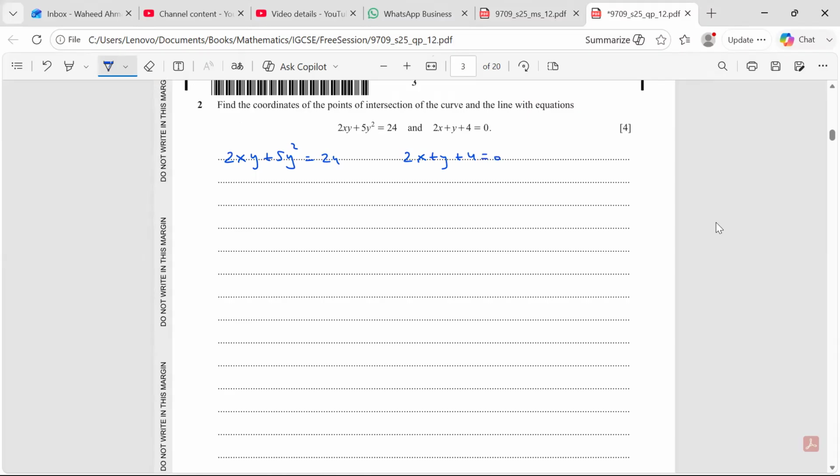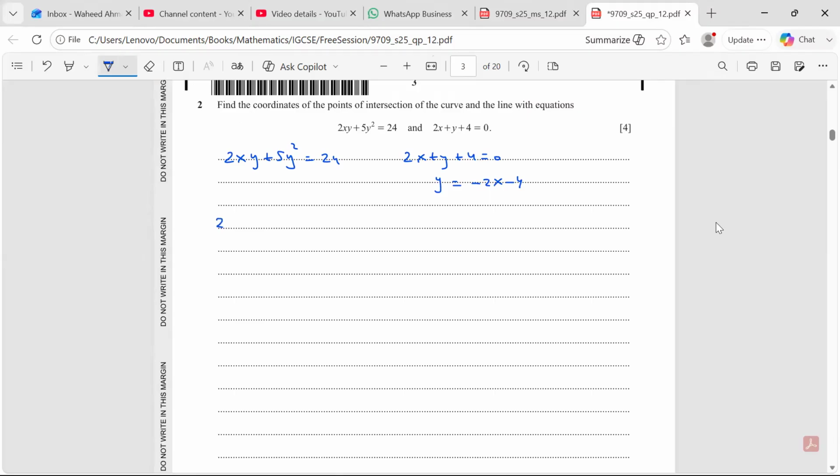So we need to find the intersection points. Where do they intersect? Okay, so from this equation, we can see that y is equal to minus 2x minus 4. Am I right? So let's substitute this value of y in this first equation.